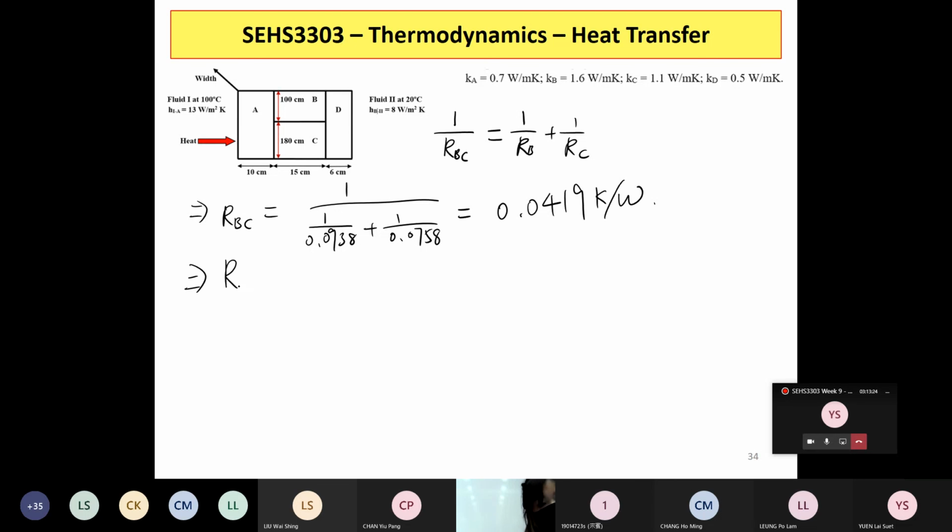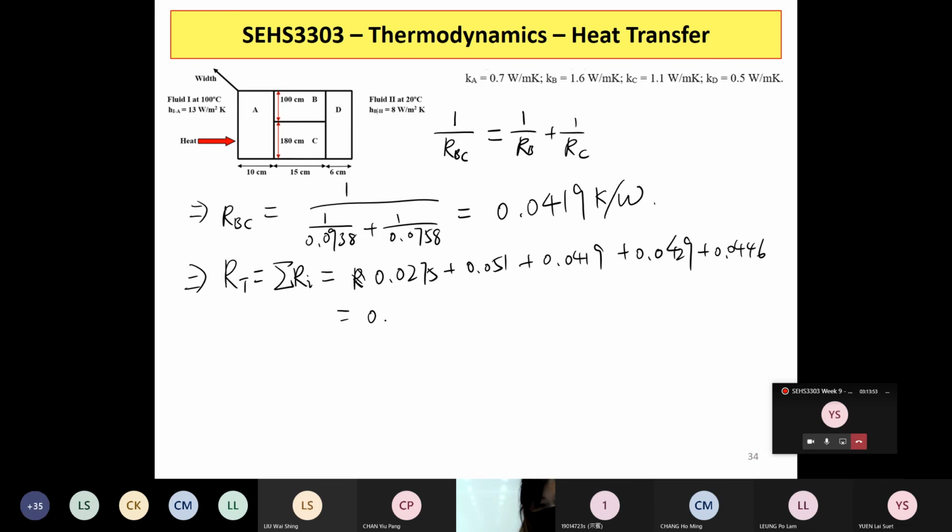So we can calculate the overall thermal resistance. That should be the sum of all the thermal resistors, plus the value should be K per watt. So now we can calculate Q dot 1 to 2.